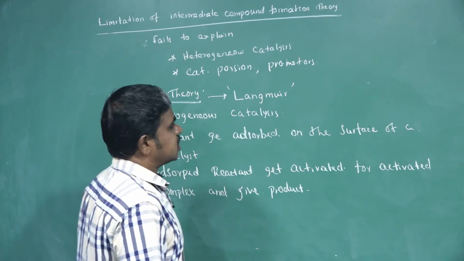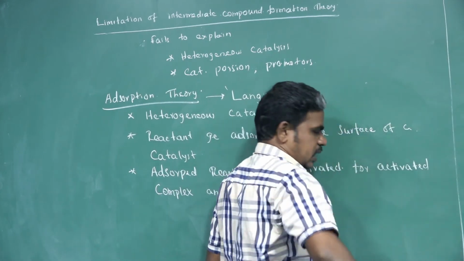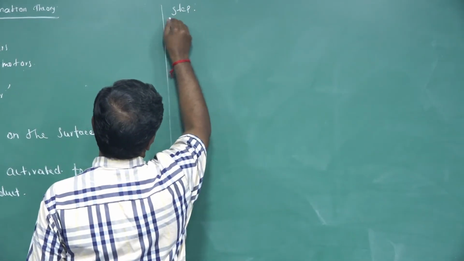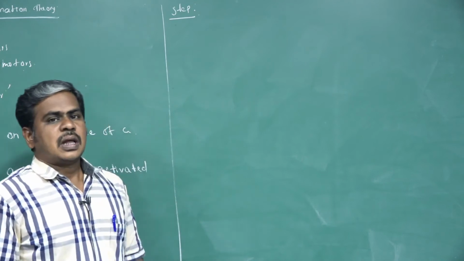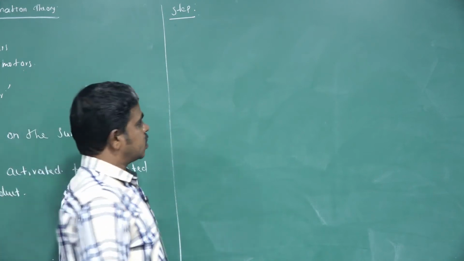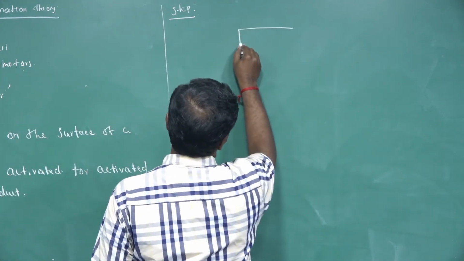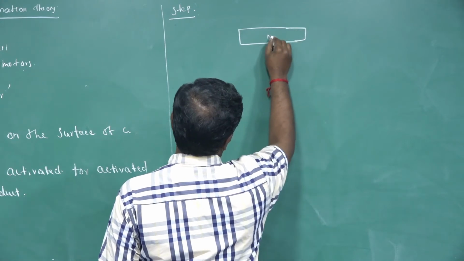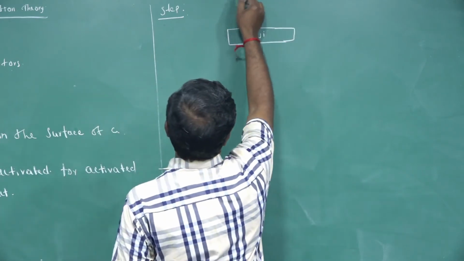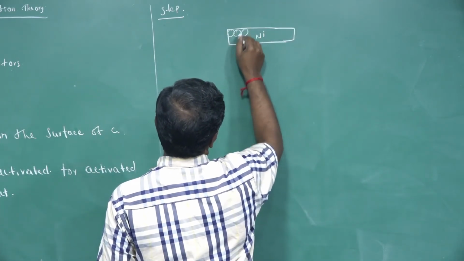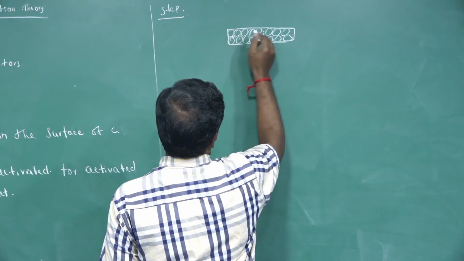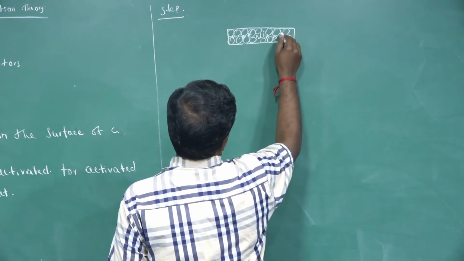Now we are looking at the steps involved in adsorption theory. What are the steps? Step 1: the reactant molecule diffuses from the bulk to the surface. We are taking a nickel catalyst, and hydrogen is present on the voids of the nickel.